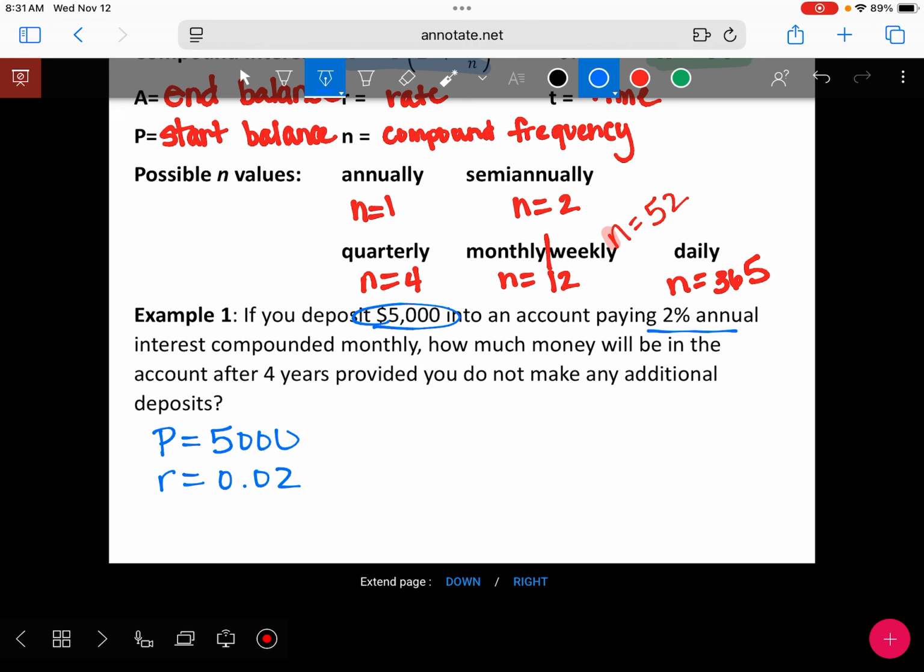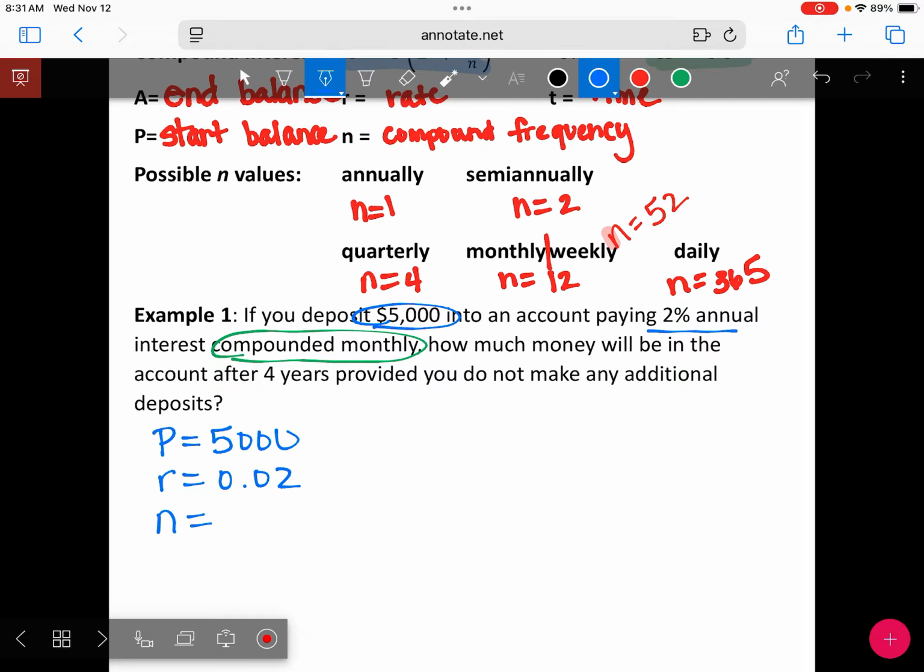Because when we're talking about a percent it's always over 100. So if you take 2 divided by 100, you get 0.02. It's compounded monthly. So what is n going to equal? 12. We want to know how much money will be in your account after 4 years.